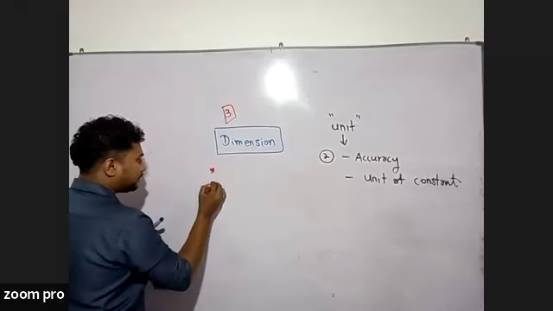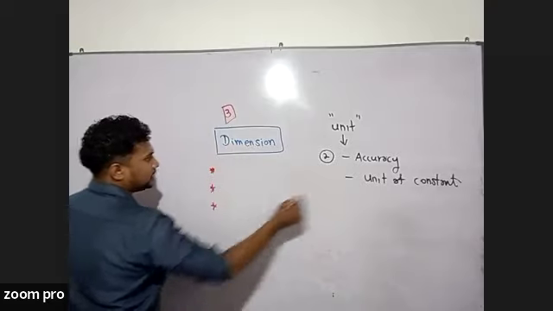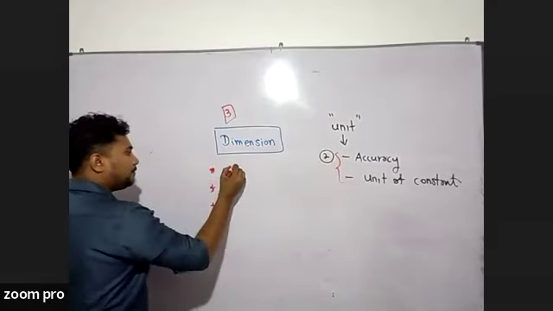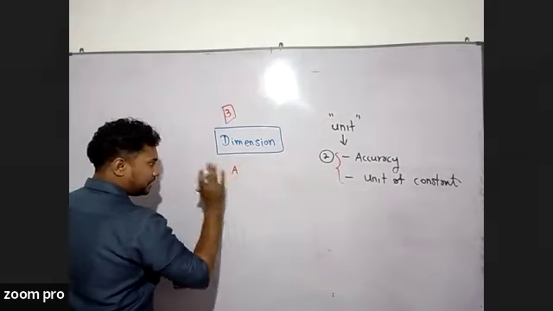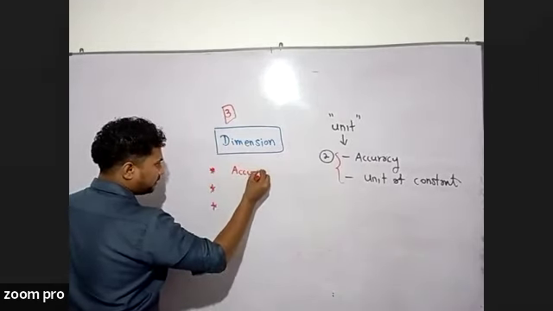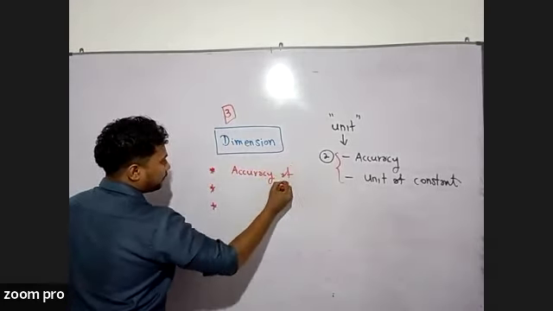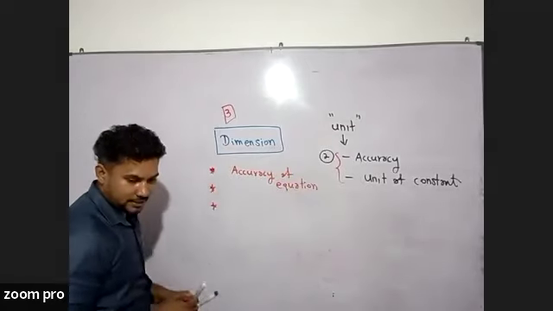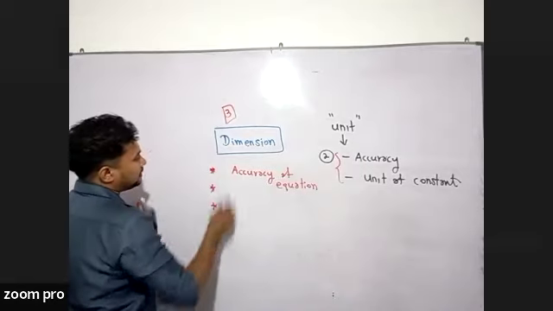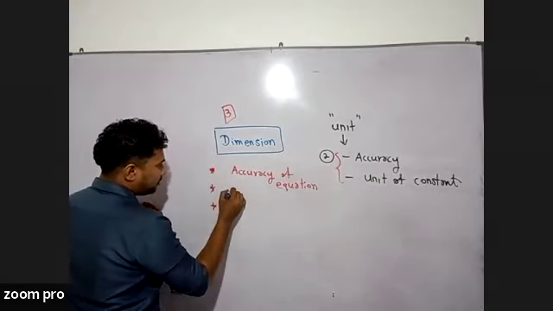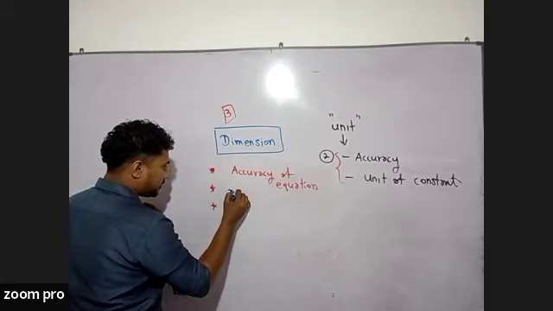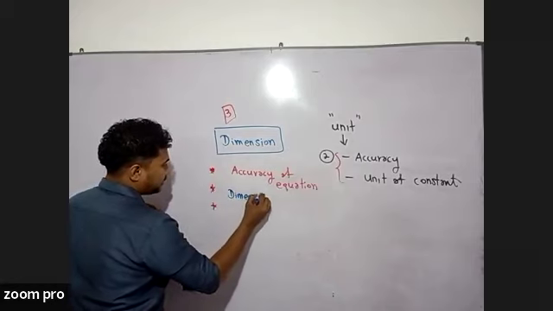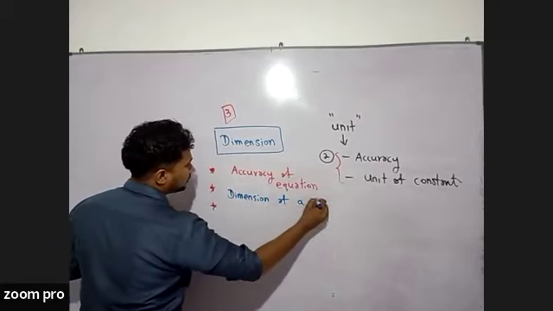The first two are similar to these two. That means we can determine the accuracy of an equation by considering dimensions. The second importance of dimensions is that we can obtain the dimension of a constant.